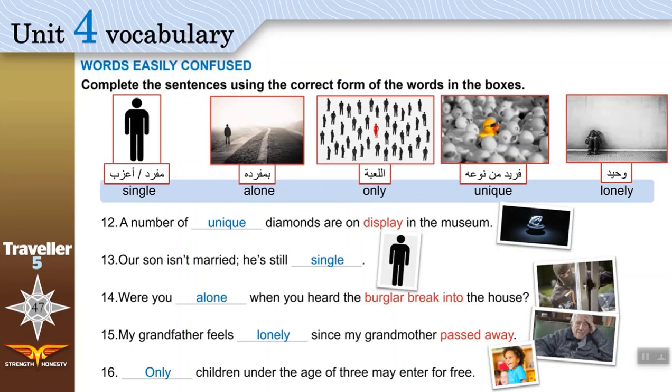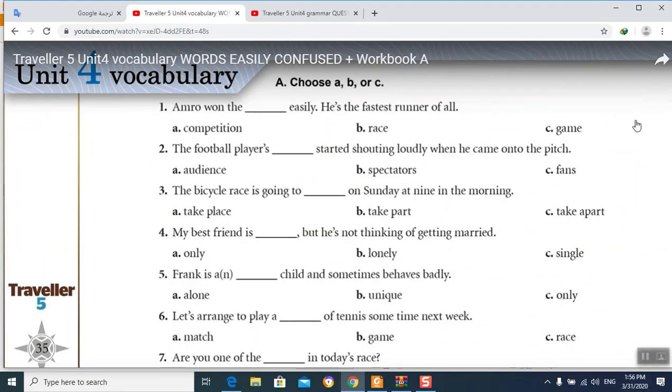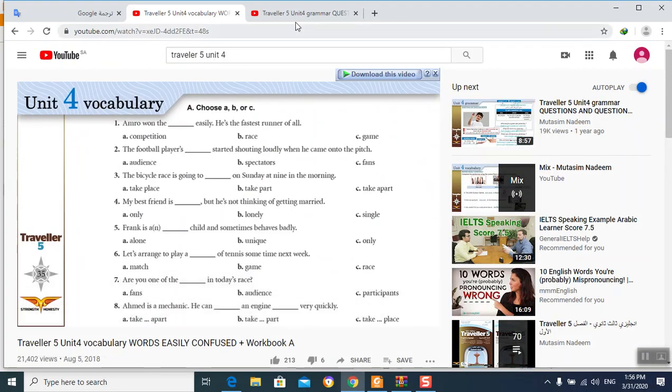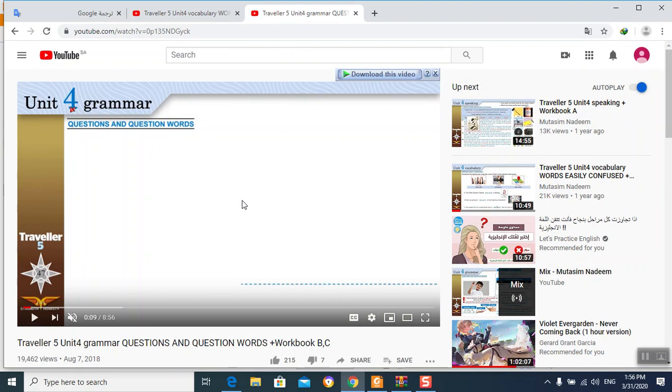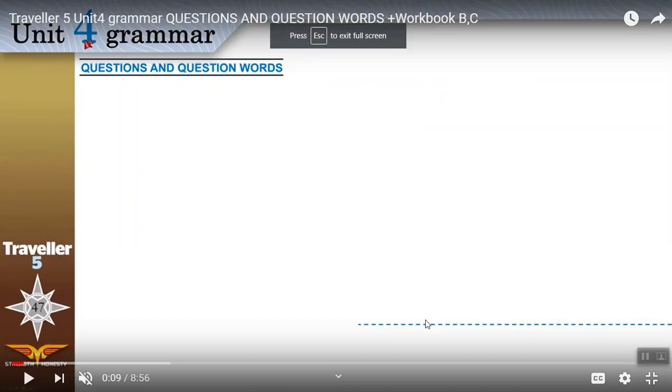So now let's move to the second part of today's lesson, which is about grammar. Please, this page is in your student's book, page 47. Okay, now let's go to the grammar.